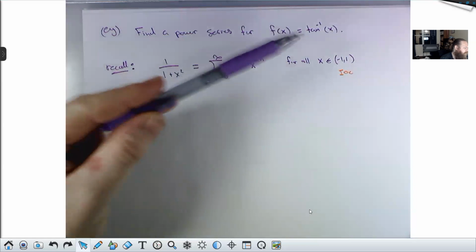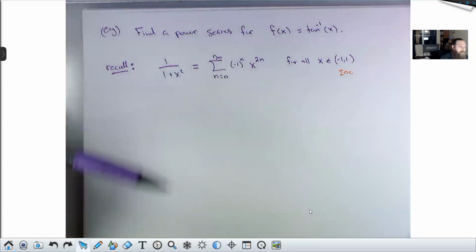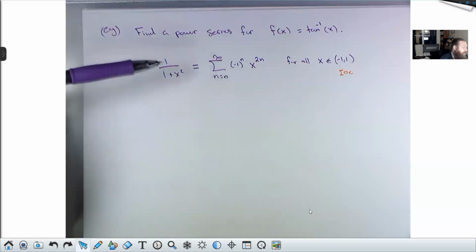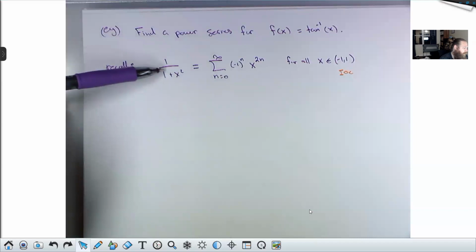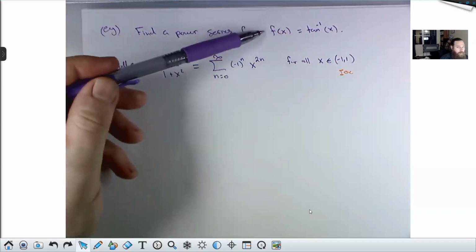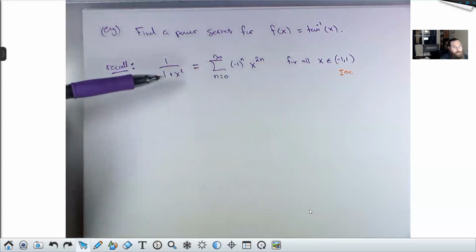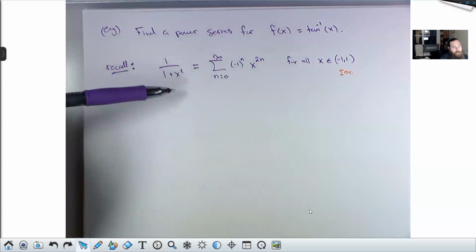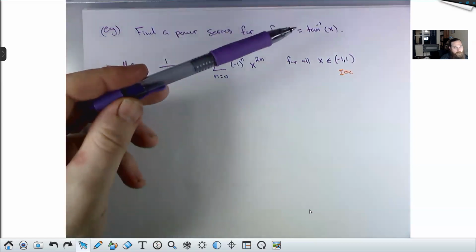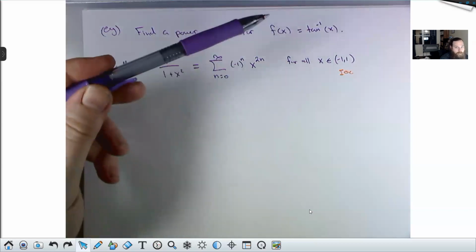You could also say if I differentiate this, I get this. Either way. But what we need to do is integrate, because we're going to go from a series we know to something we don't know. And in order to apply a calculus operator and go from 1 over 1 plus x squared to the inverse tangent of x, you need to anti-differentiate.